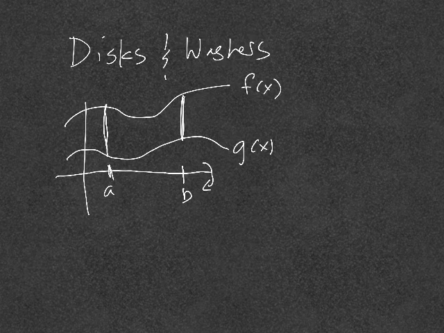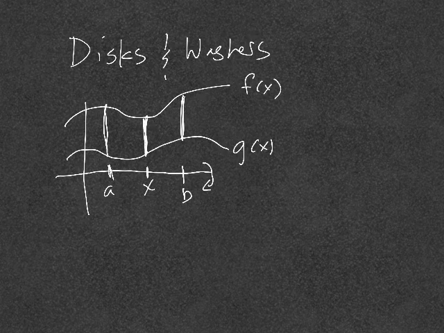So let's think about what one of these slices is going to look like, and this is where the name disks and washers comes from. So let's clean up this picture a little bit. Okay, so now we have just the region again, and let's imagine we're looking at some x value in between, taking this little slice around x.